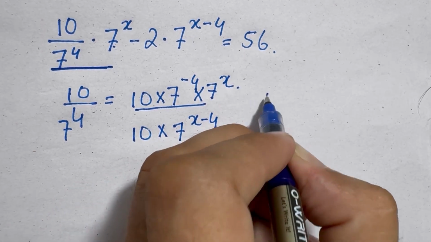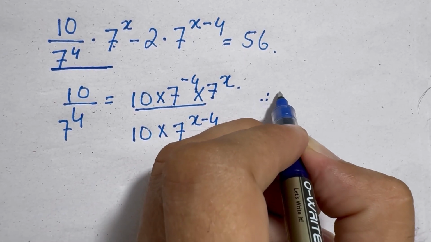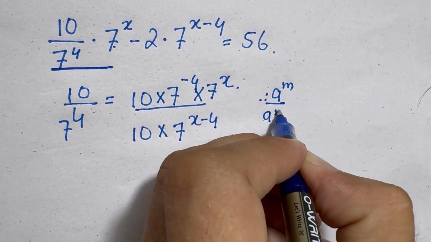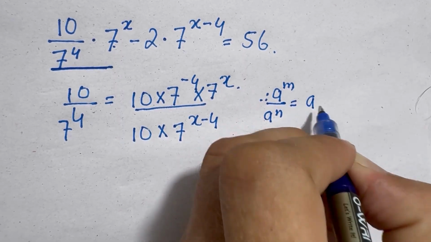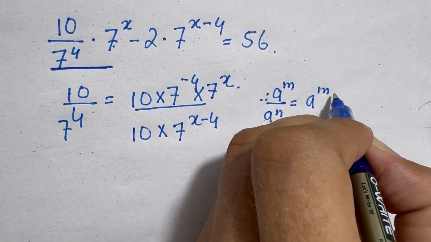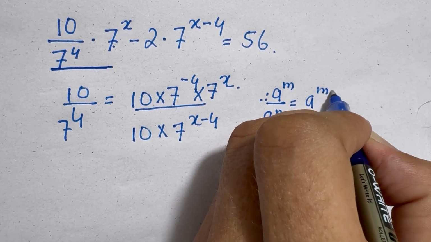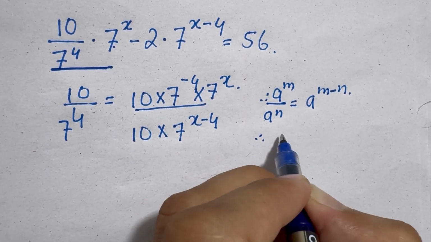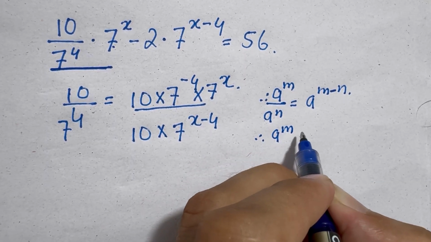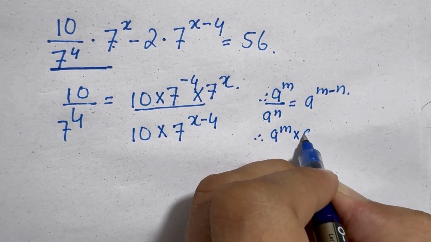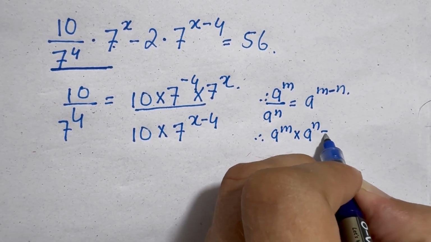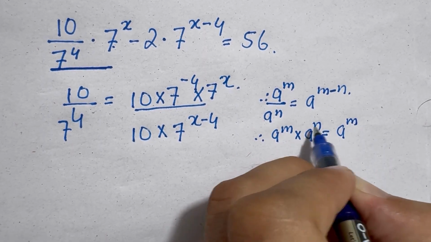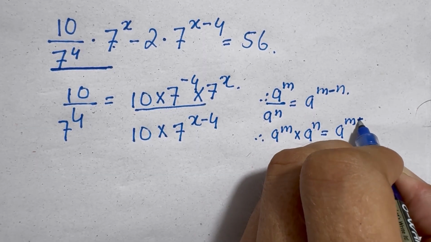By this rule, a power m divided by a power n becomes a power m minus n. And another rule: a power m multiplied by a power n becomes a power m plus n.